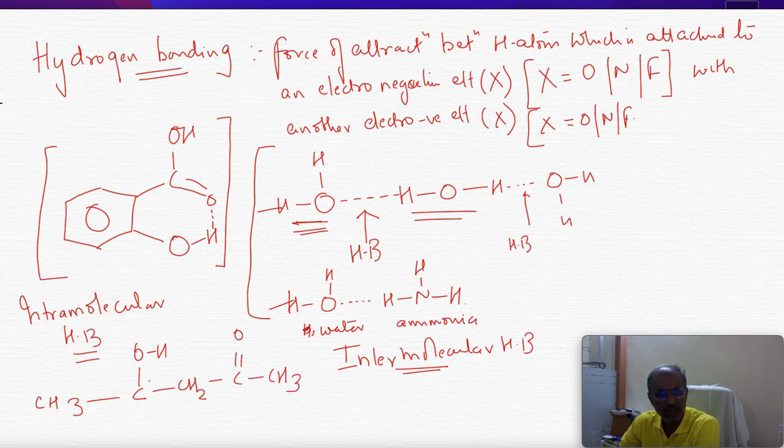Now here, within the same molecule, this imaginary force of attraction is within the same molecule. So you can say this is a 1,3 diketone. So this is also known as intramolecular hydrogen bonding.